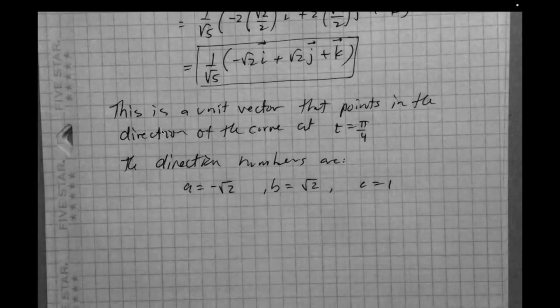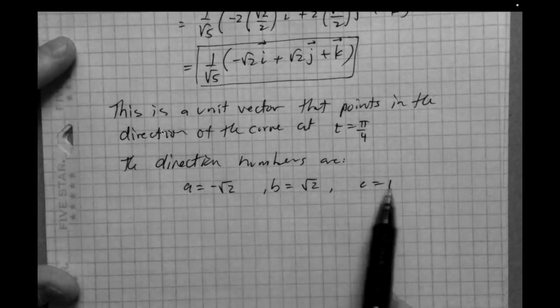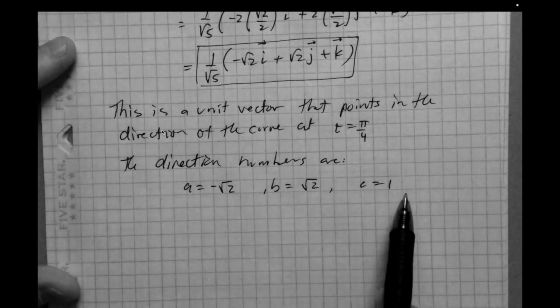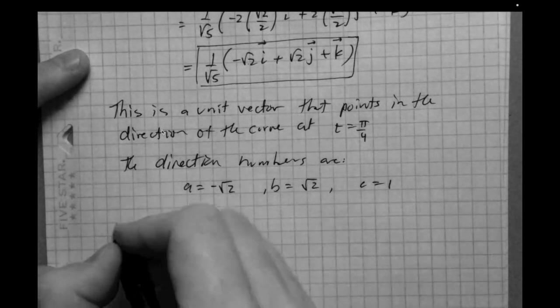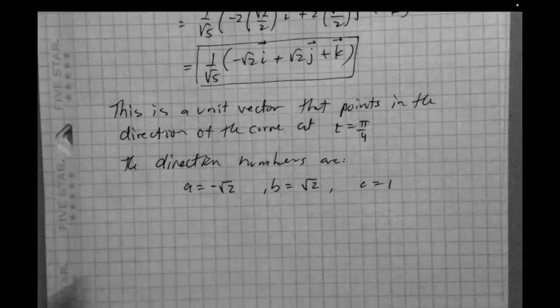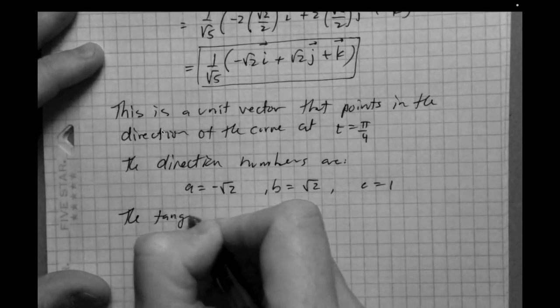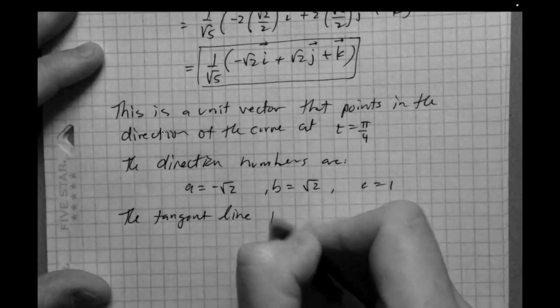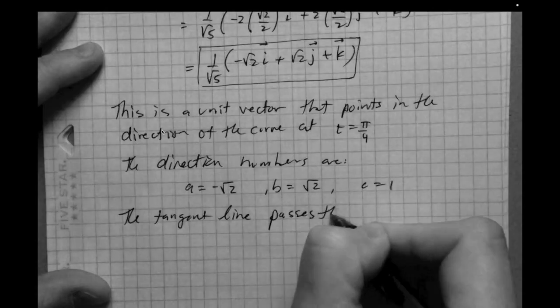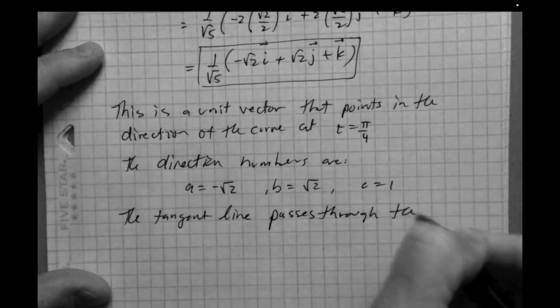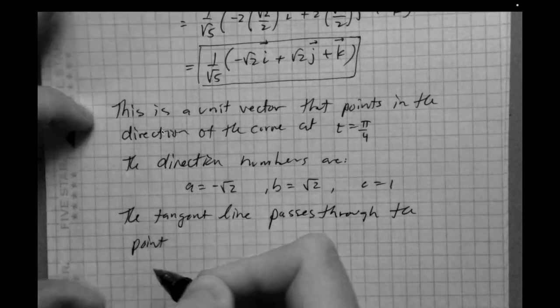Okay, and so we know that these are the direction numbers, and that the line passes through, let's see, hold on one sec, what did it say? Okay, the tangent line passes through the point. I guess we have to plug it in, don't we?